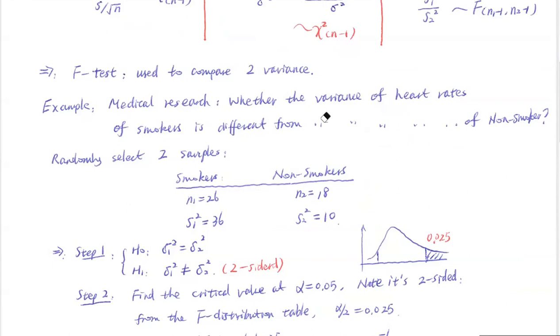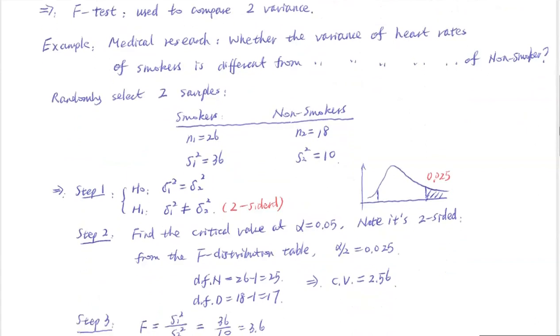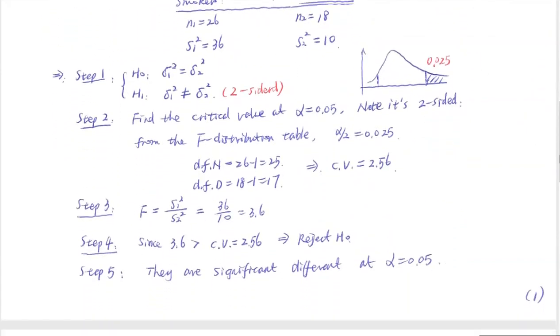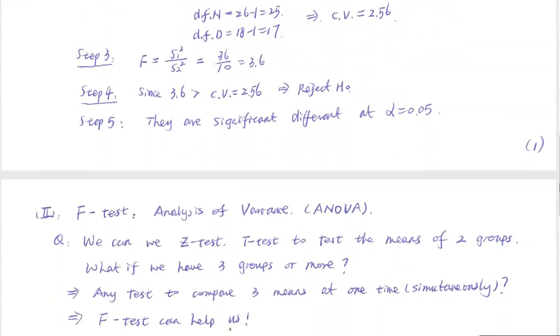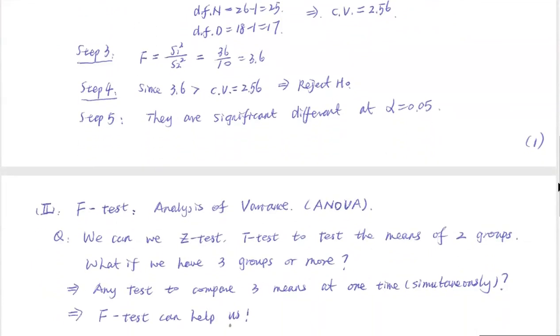In terms of what? In terms of their variance of the heart rate. So in other words, the heart rate change. Somehow we can see that between the groups of smokers and non-smokers, there's a significant difference.